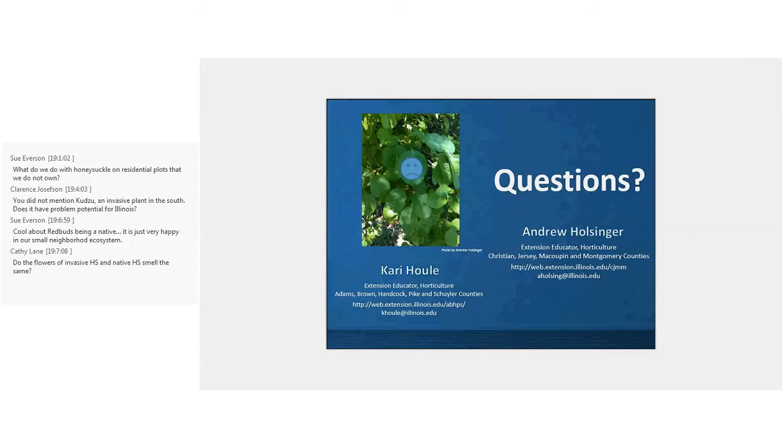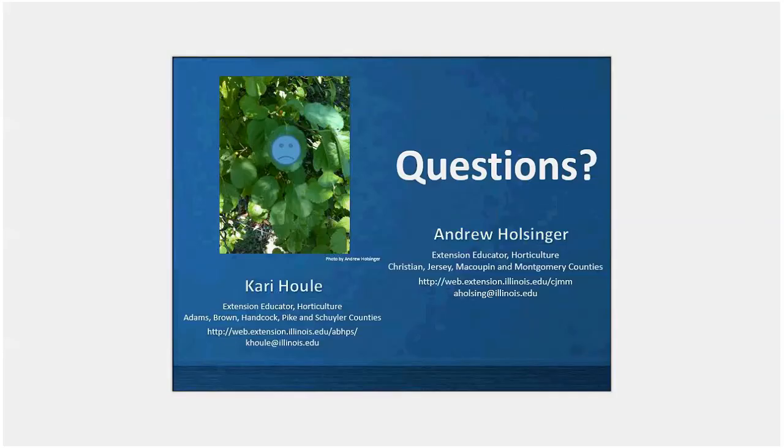We'll let the control session handle what to do about honeysuckle on plots that you do not own. And the next question that we didn't mention, kudzu. It is an invasive plant in the South, and it can be quite a drastic change in a forest canopy, and it can be a problem in Illinois, and there has been management of kudzu in Illinois, but it has tended to be in southern Illinois.